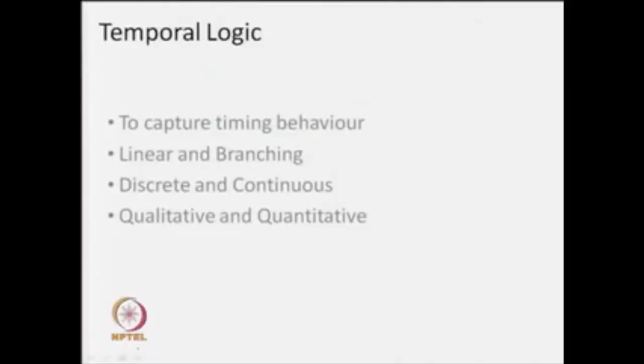Already I have mentioned that in temporal logic we are going to capture the timing behavior of the system. Secondly, if you look into the notion of timing, we have two types: one is branching time and the second is linear time. Again, we can capture timing in two different ways, discrete and continuous. And we can specify behavior in two ways, qualitative and quantitative.